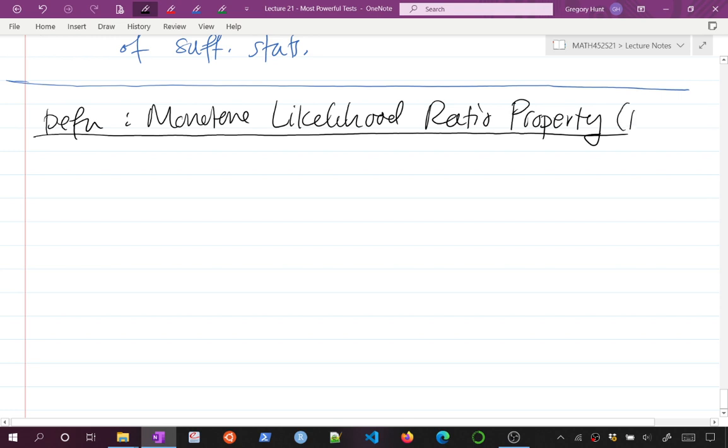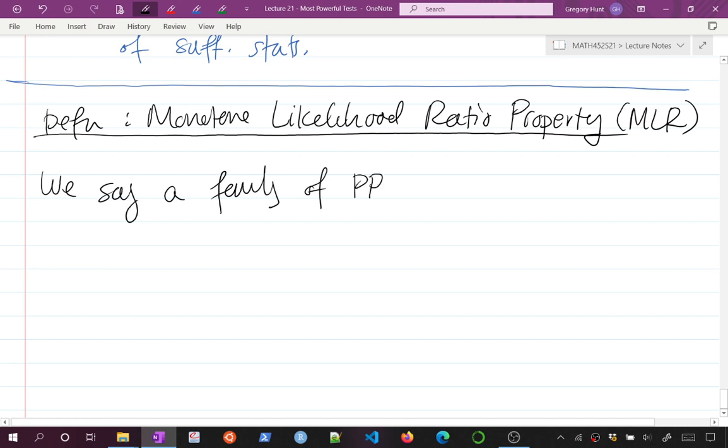This is typically denoted MLR for monotone likelihood ratio. We say a family of PDFs has the MLR property.